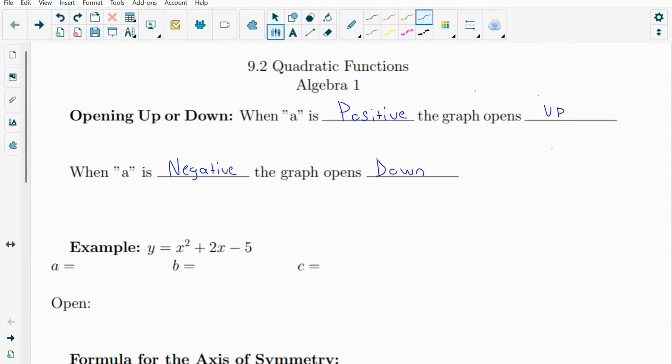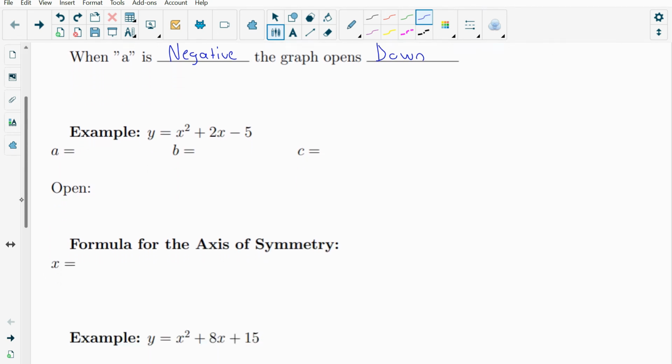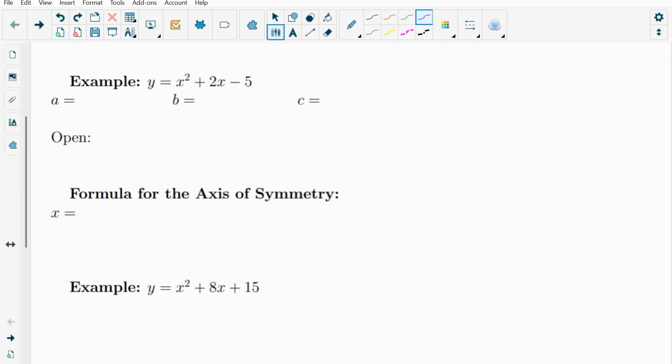All right, just review. Looking at just a couple of examples, like this one right here, we can determine all of our coefficients. The coefficient on x squared, which is our a value, is just going to be 1. Our coefficient on b, which is the coefficient on our x value, is going to be 2.